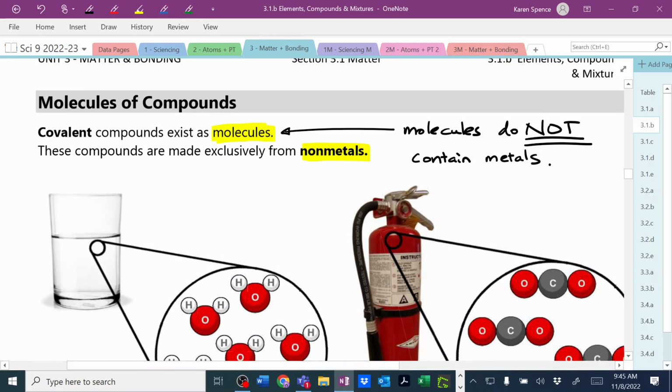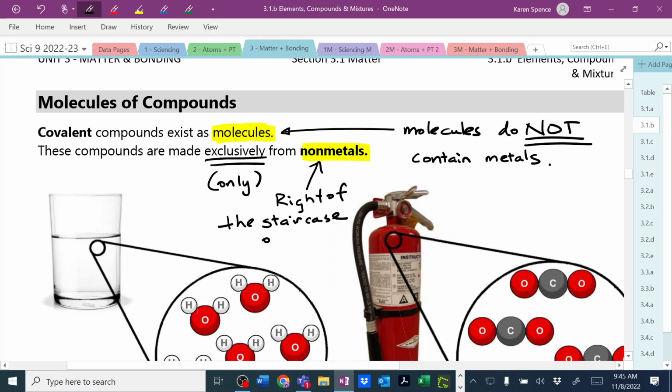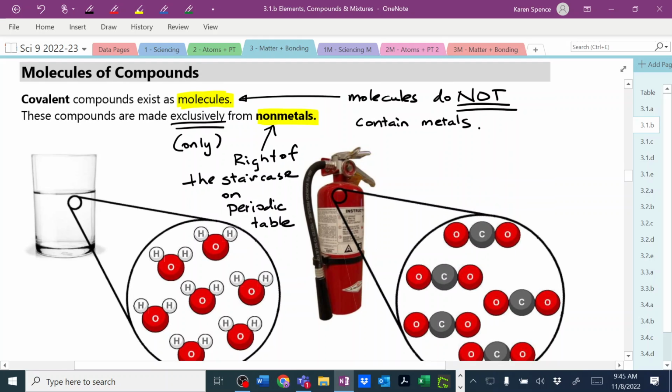So here we have only nonmetals. Where do we find the nonmetals on the periodic table? Over on the right of the staircase. Okay? So they are made exclusively or only from nonmetals, which is to the right of the staircase on the periodic table. So, except for who?